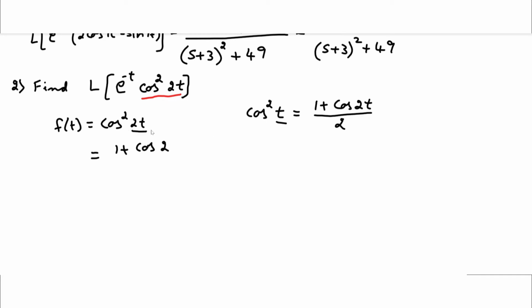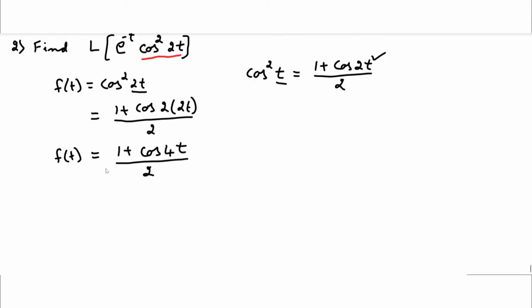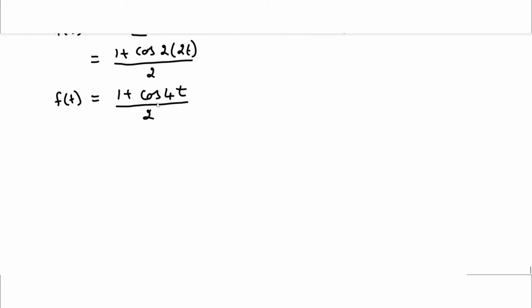But in this case it is 2t, so therefore this t value has to be replaced by 2t. So 1 plus cos of 2 times of 2t, this whole divided by 2. So you will be getting 1 plus cos of 4t divided by 2. The square term which was there for cos, I have eliminated that.